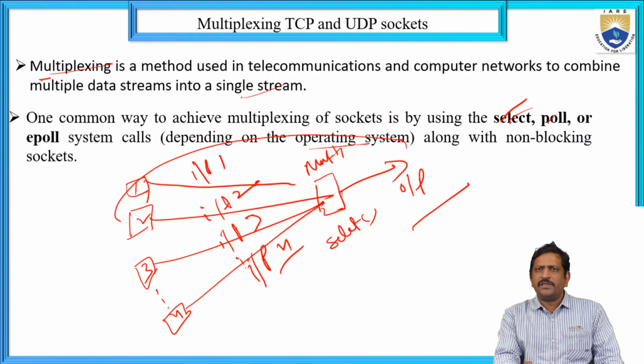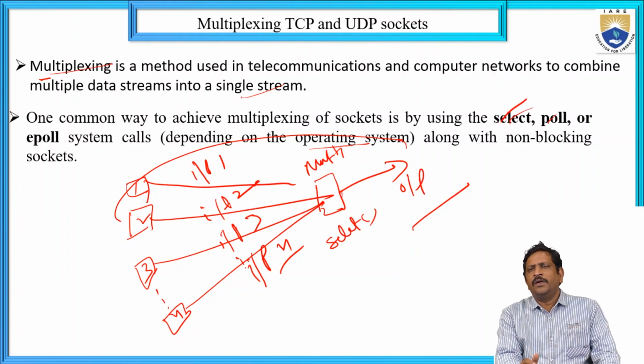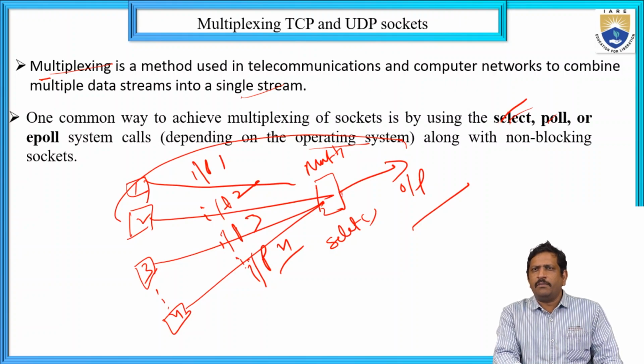This depends upon the operating system, whether we are using Unix, Linux or Macintosh. We select the multiple inputs and combine them as a single output, with non-blocking socket technology.